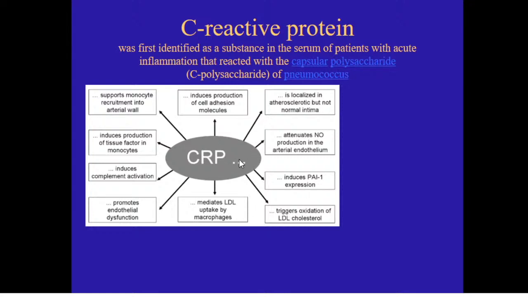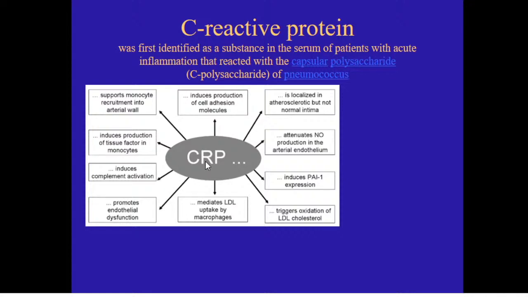So it is involved in the pathogenesis of many things like atherosclerosis, degradation of endothelium, promotes endothelial dysfunction and induces complement activation.